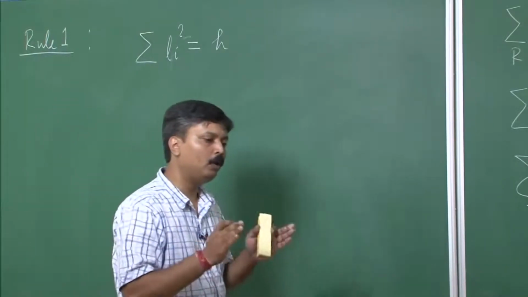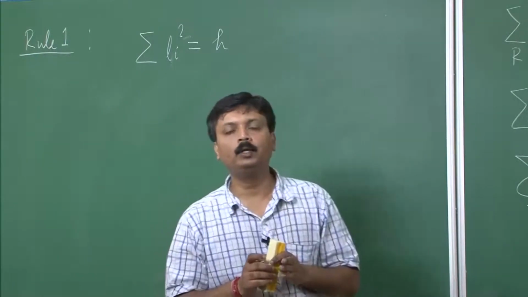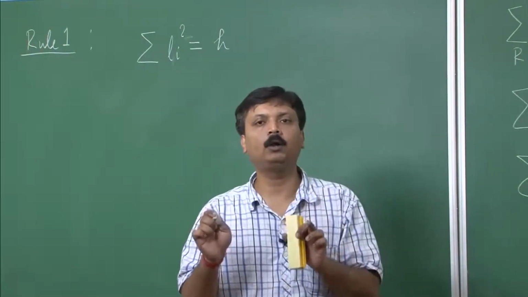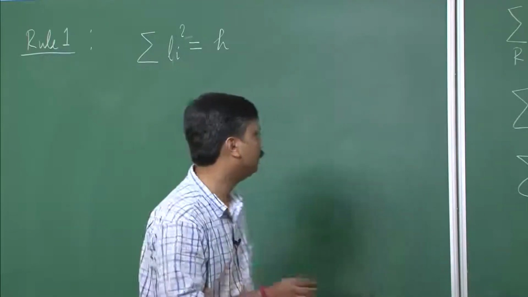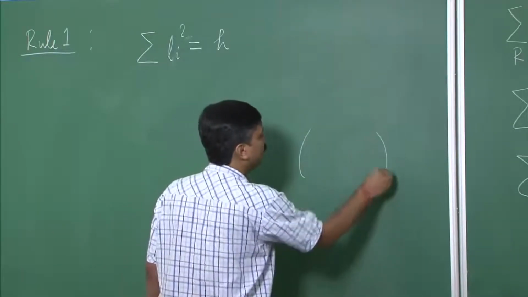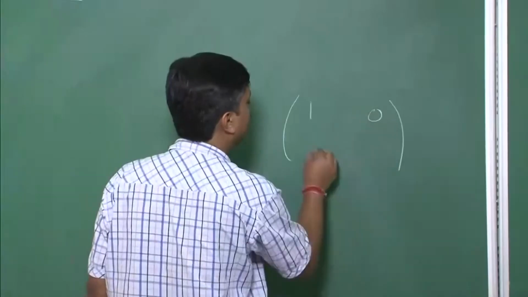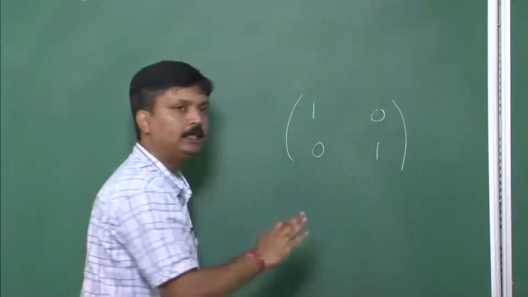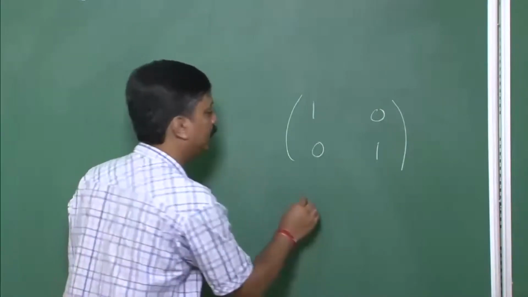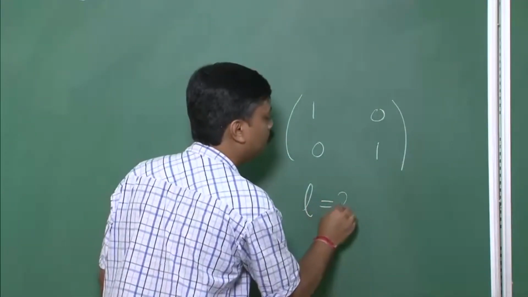Therefore the sum over all the diagonal elements will tell me the order of the matrix, that means the dimension of this representation. For example, if I have a 2-dimensional representation, the identity matrix will give me this one, right? So this representation is a 2-dimensional representation, that means L equals 2 here.